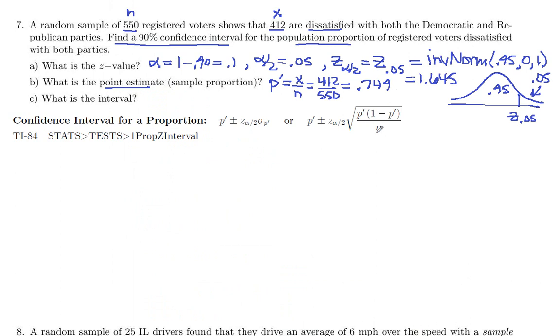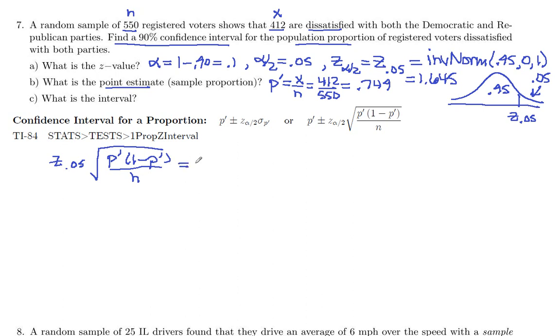Okay, and now we're going to go ahead and form our confidence interval here. So let's first do our margin of error. Our z alpha over 2 is going to be z 0.05. And then we're multiplying by the square root of, let's go ahead and do the formula here, p prime times 1 minus p prime, over n.